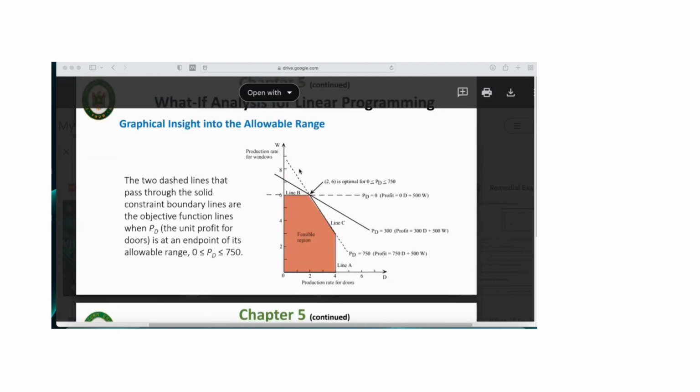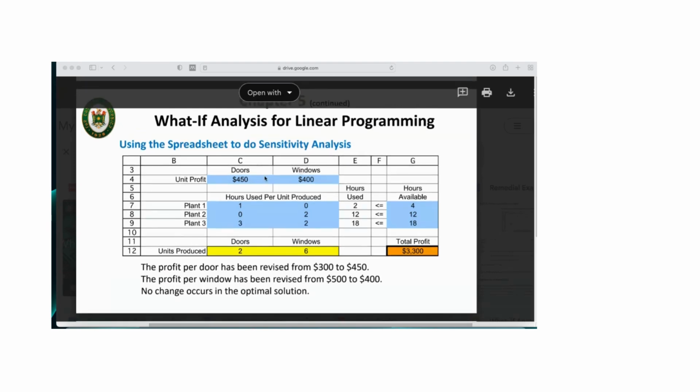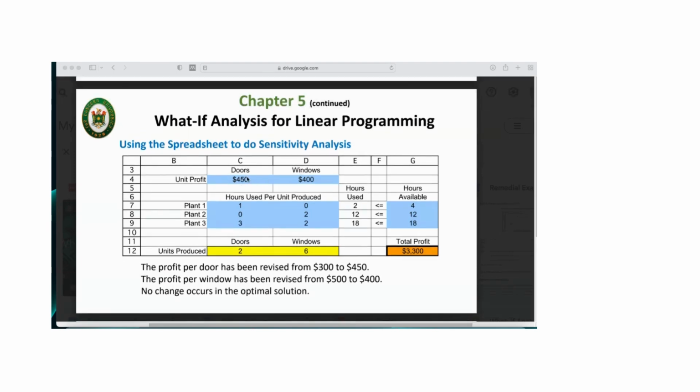Okay, here we're looking at simultaneous changes. The original value here was 300 and here it was 500. So if you increase one, you need to decrease the other one. Here the unit profit per door was increased from 300 to 450, and the unit profit for the window was decreased from 500 to 400.